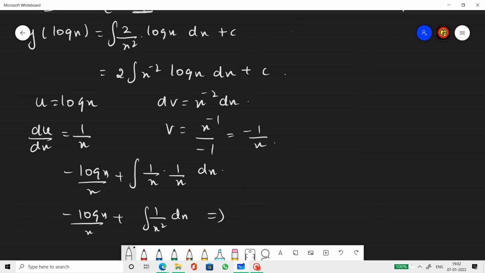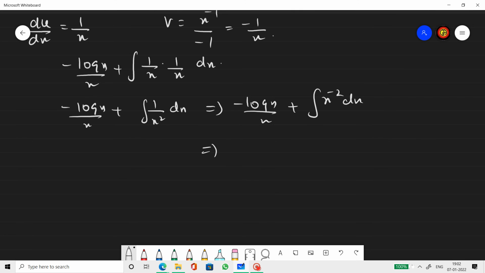So this we can take as minus log x by x plus integration of x power minus 2 dx. So we get minus log x by x plus x power minus 1 by minus 1 plus c.